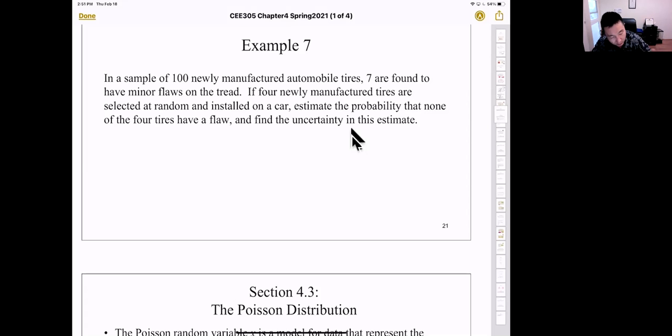So 7 out of these 100 tires are defective, so that's 7% defective. If 4 newly manufactured tires are selected, so the sample size n is equal to 4, to install on a car, estimate the probability that none of the 4 tires has a flaw. And it is also asking for the uncertainty of this estimate.